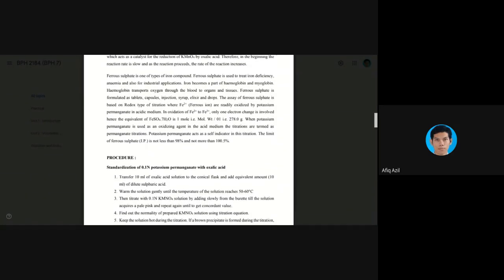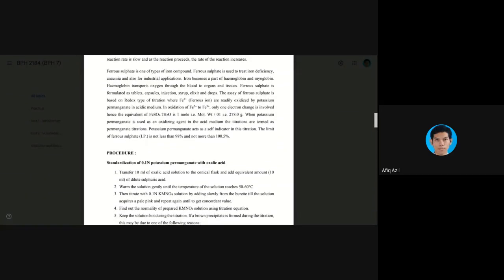So iron sulfate, or ferrous 2 sulfate, is one type of iron compound, mainly used as a formulation to treat iron deficiency for people with anemia, and also sometimes prescribed to pregnant ladies.